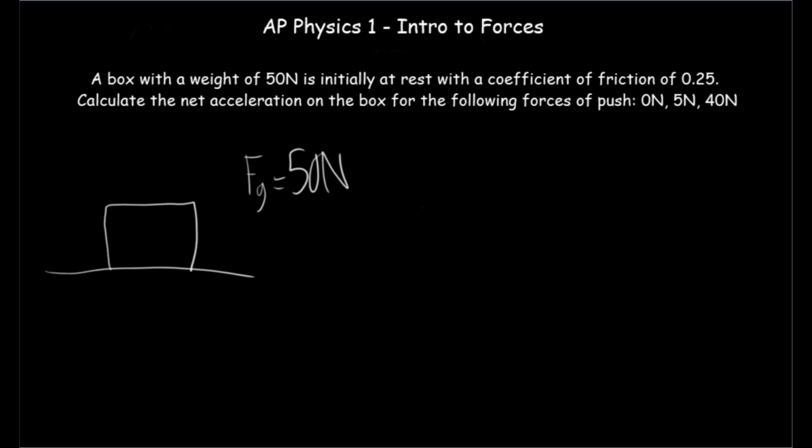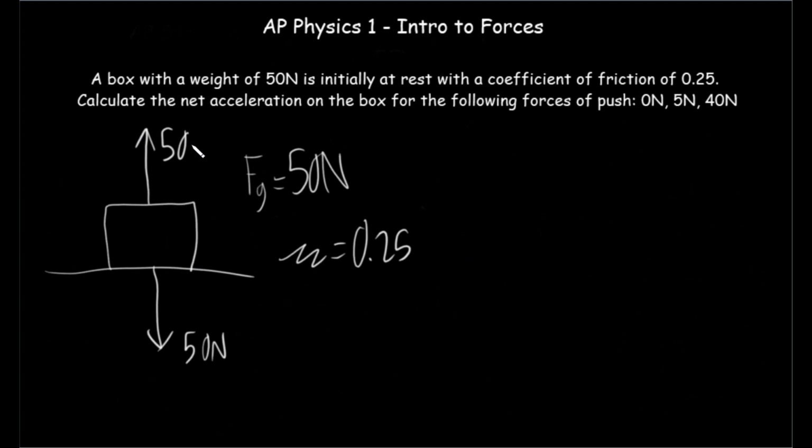But let's list out our givens. So we have the force of gravity, which is 50 newtons. We have a coefficient of friction of 0.25. So we can actually figure out the force of friction because remember, there is no movement in the y direction, which means the normal force has to be equal to the force of gravity.